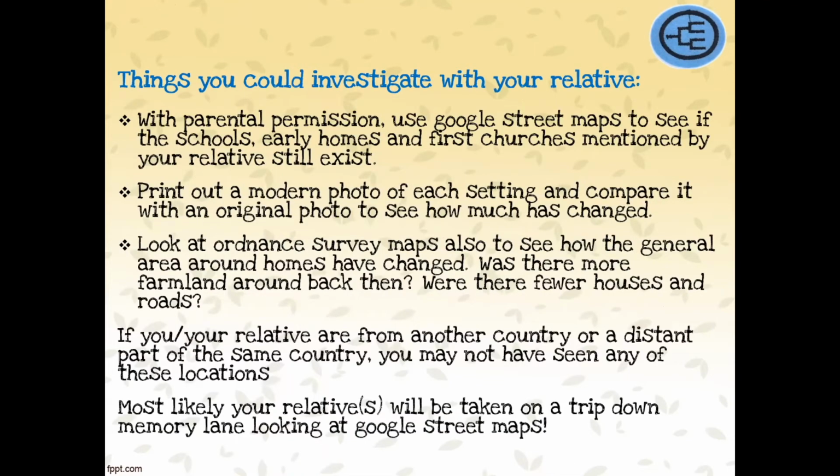Things you could investigate with your relative. Now ask parental permission, maybe use Google Street Maps to see where the schools and the early houses, the churches, anywhere that your relative has mentioned, look at it on Google Maps. Look and see whether or not these places still exist.